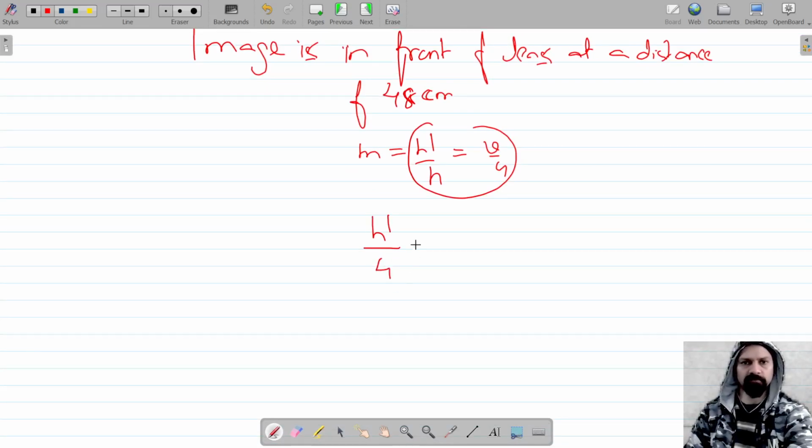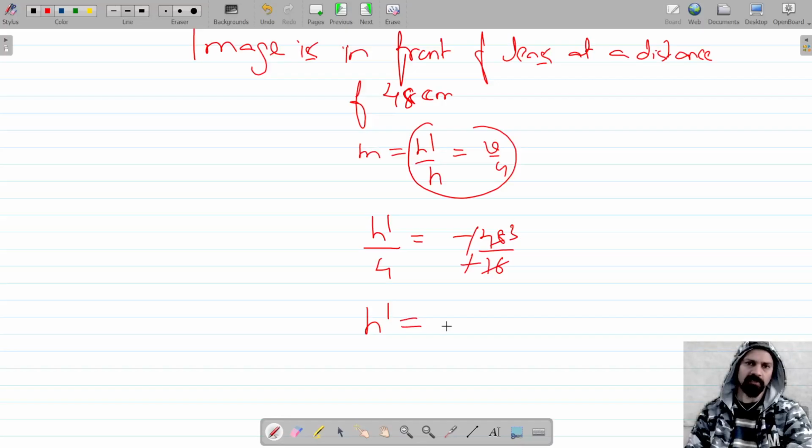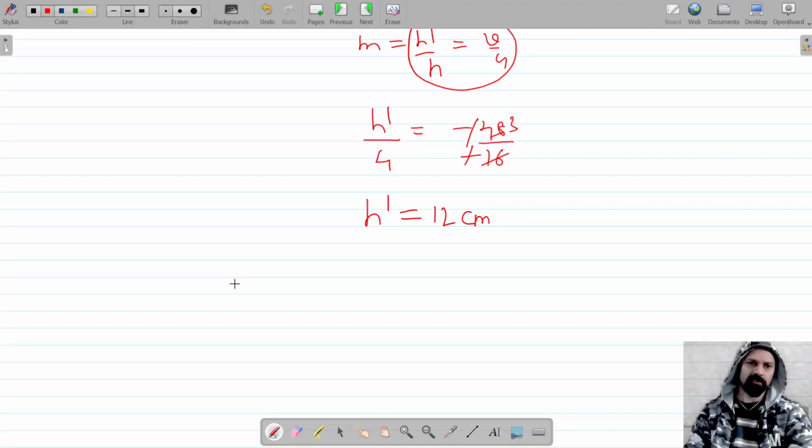Size of the object is 4 centimeter, v is minus 48, u is negative 16, so 16 threes are 48, and the height of the image is 12 centimeter. So the size of the image is 12 centimeter.